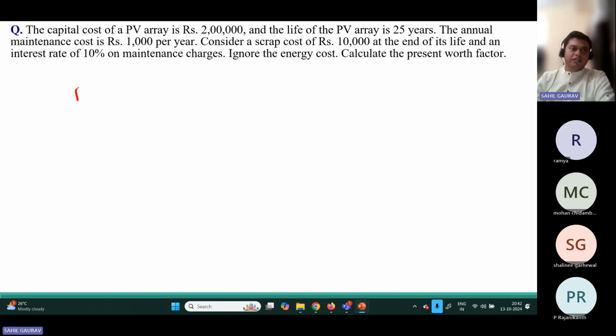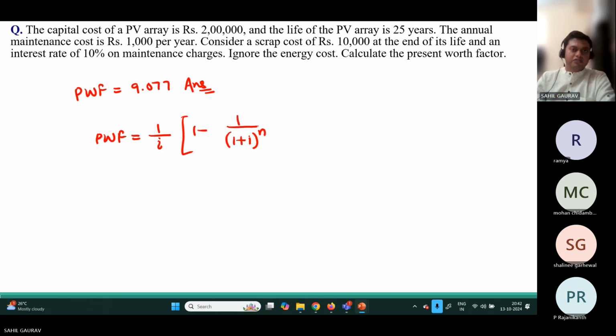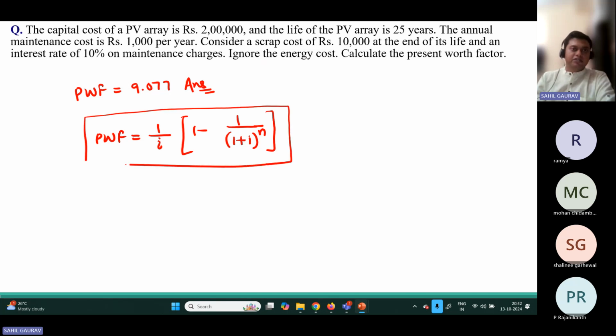So the present worth factor is 9.077. This is the correct answer. And the present worth factor expression is 1 upon I, into 1 minus 1 upon 1 plus I to the power n. This is the present worth factor expression if only interest rate is considered.